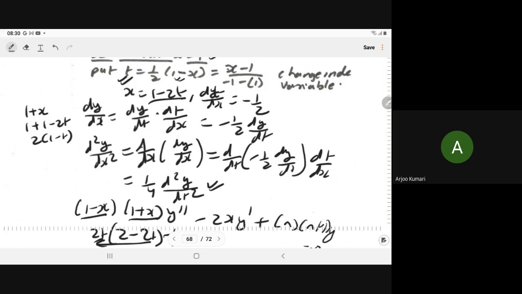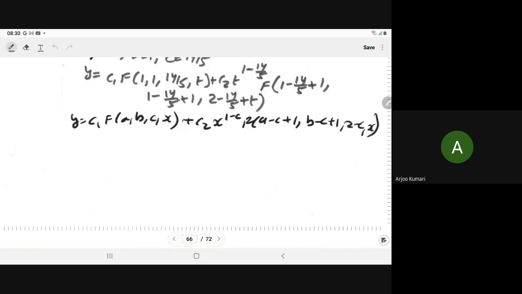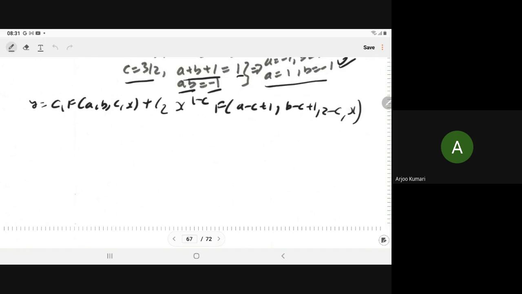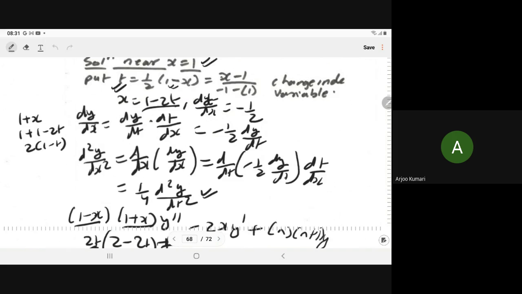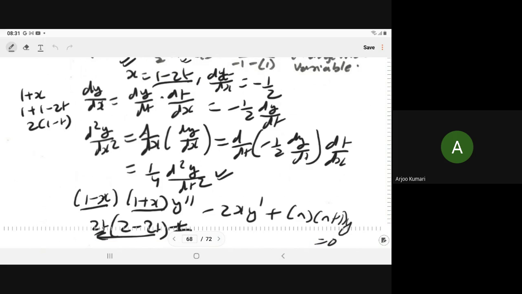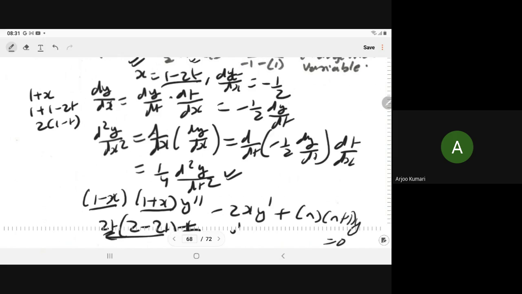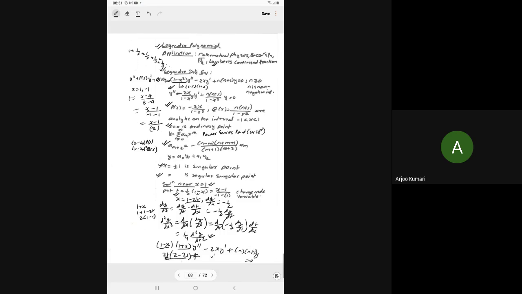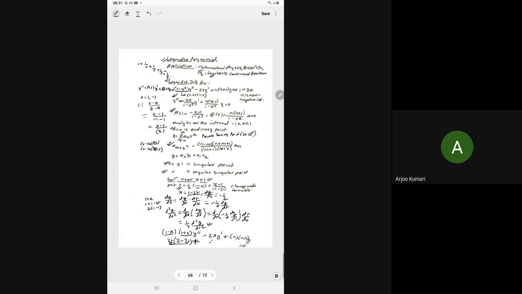And what is y double dash? y double dash is d2y upon dx2, and d2y upon dx2 is 1 upon 4 d2y upon dt2, right?